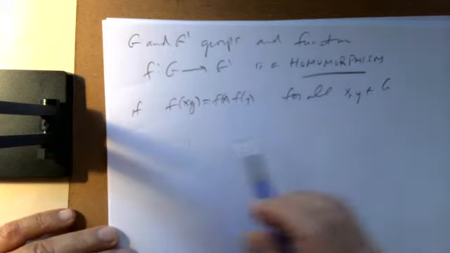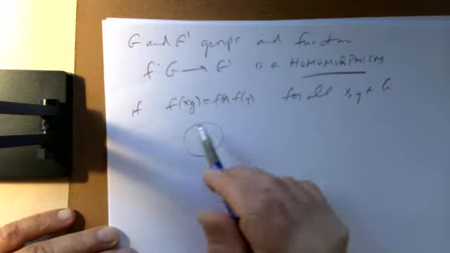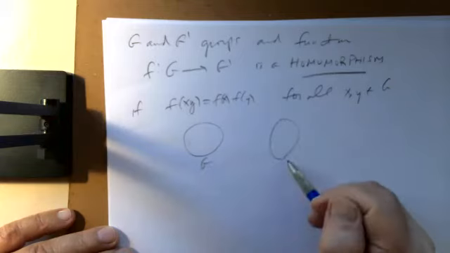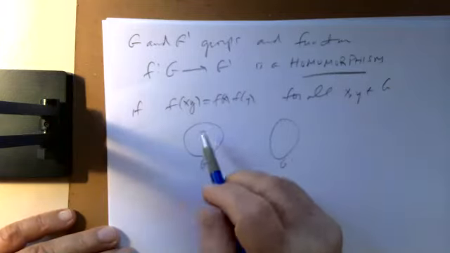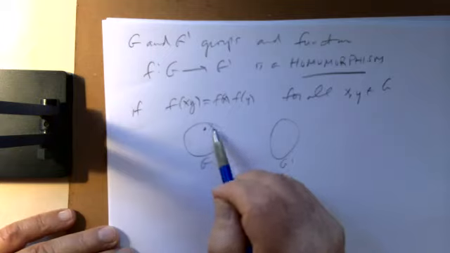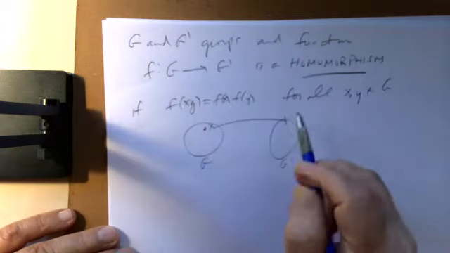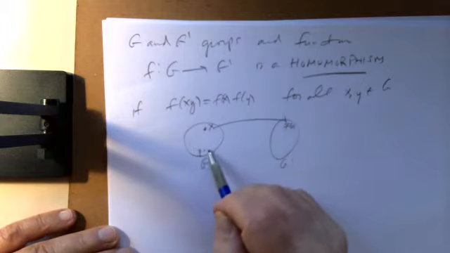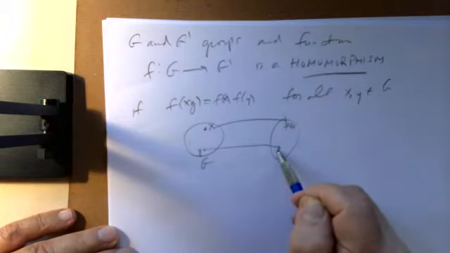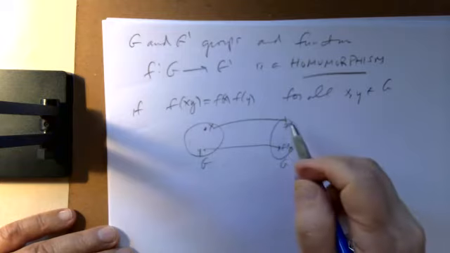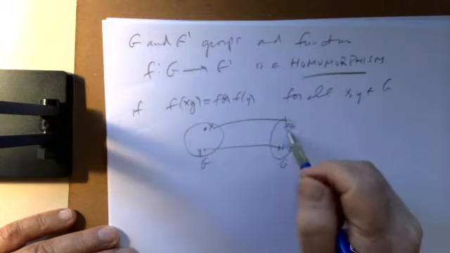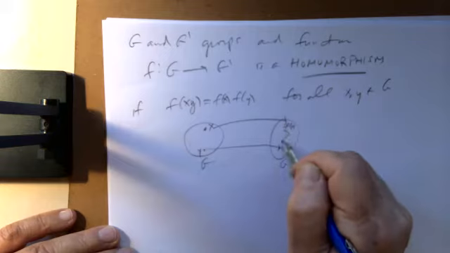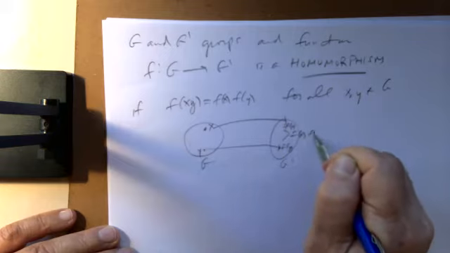As a kind of picture of that, if this is the group G and this is G prime, we have x that gets sent to an element f of x, and y gets sent to an element f of y. And then over in G prime, I can multiply these two elements and I get f of x times f of y.